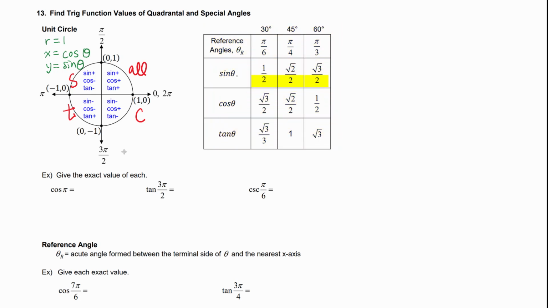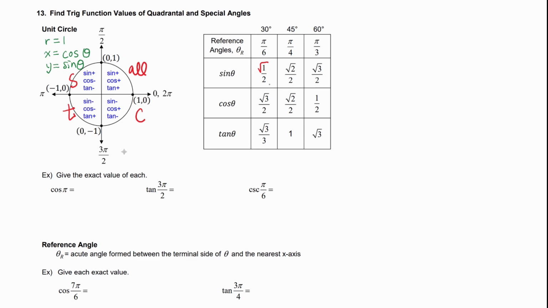For sine theta and cosine theta, all denominators are 2, but the sine numerators increase. So for 30 degrees, it's square root of 1 over 2, square root of 2 over 2, square root of 3 over 2. So the denominators are 2, 2, 2, and the numerators are square root of 1, square root of 2, square root of 3.